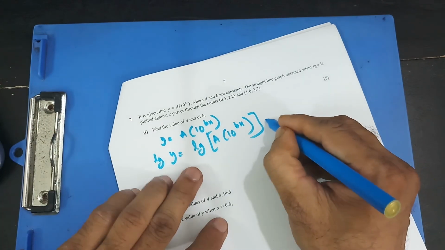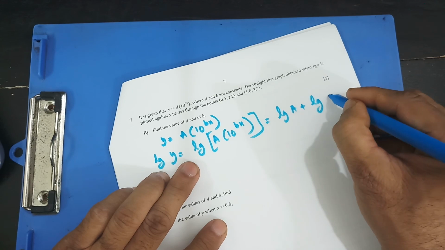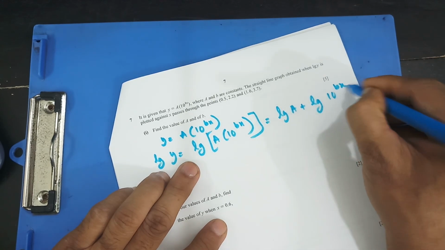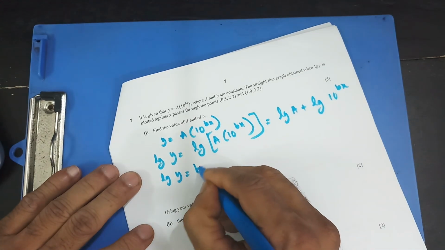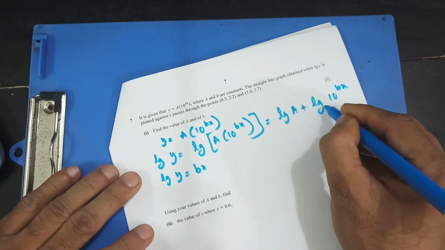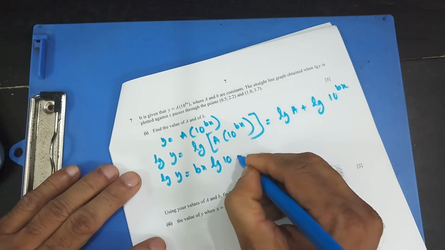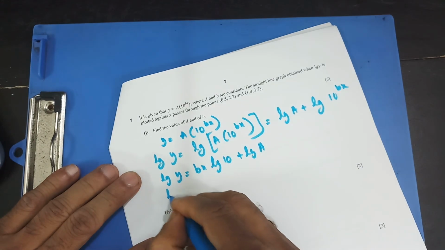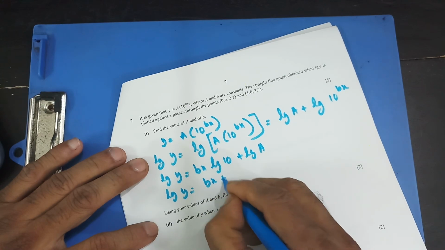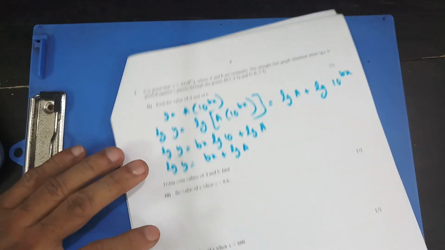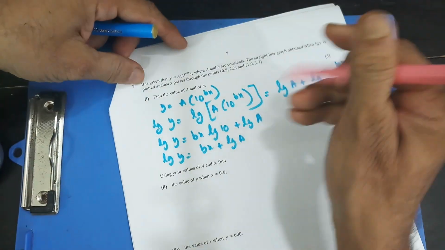This whole thing becomes lg a plus the common logarithm of 10 to the power bx, and bx comes forward, and the common logarithm of 10, that means base 10, log 10 base 10, is 1. So lg y equals bx plus lg a. Okay, so this one is done. Now it's in that format.